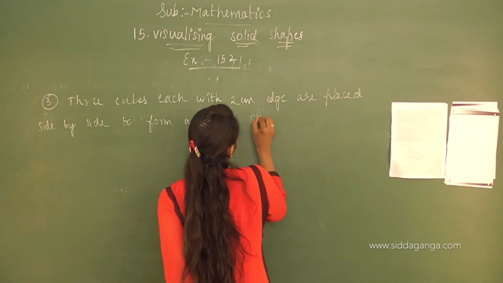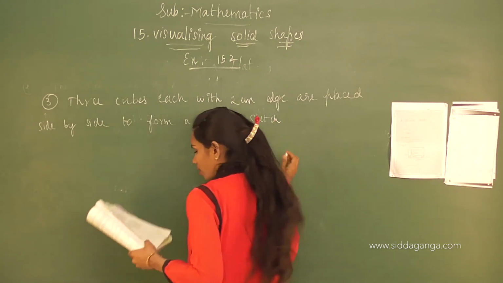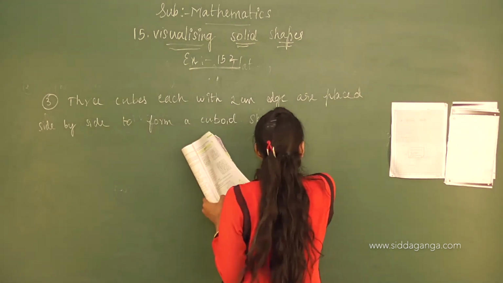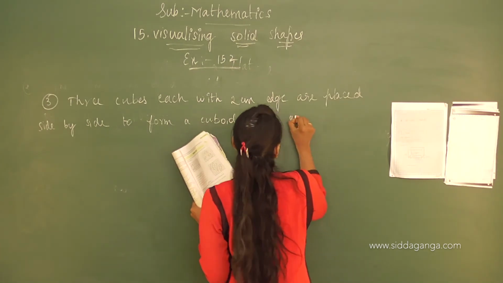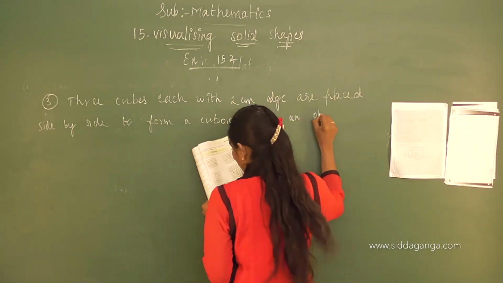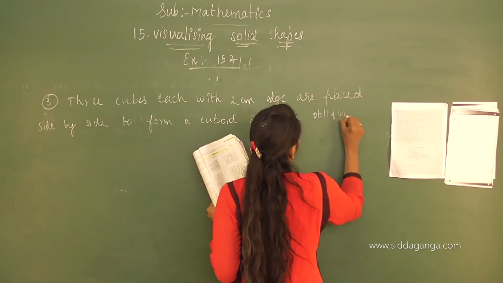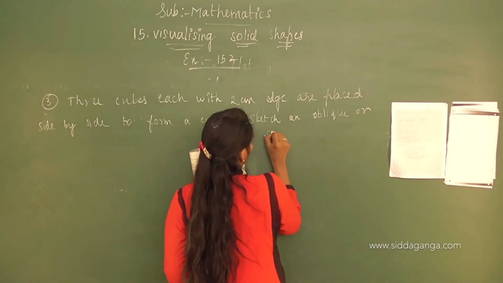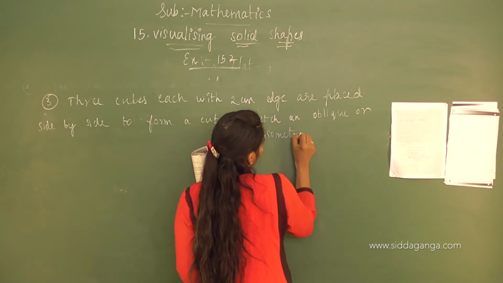Sketch an oblique or isometric sketch for this cuboid.